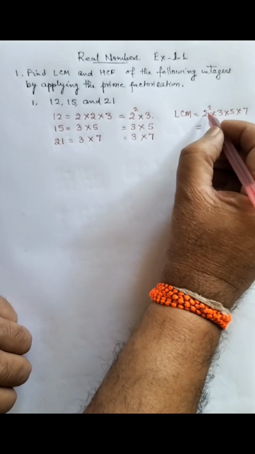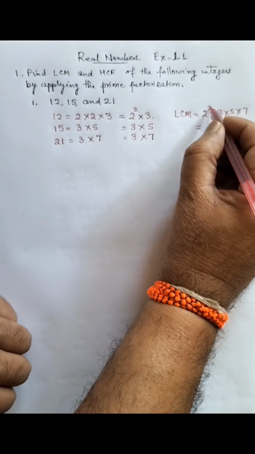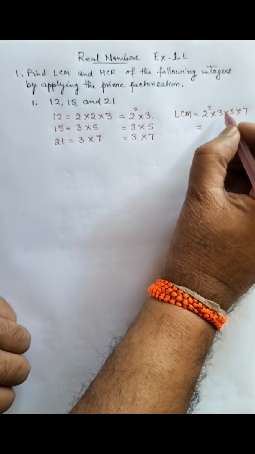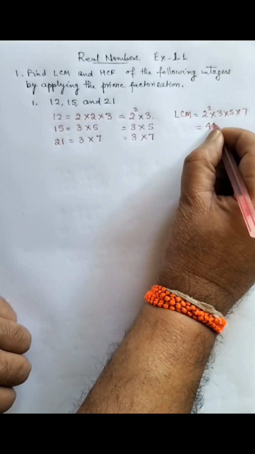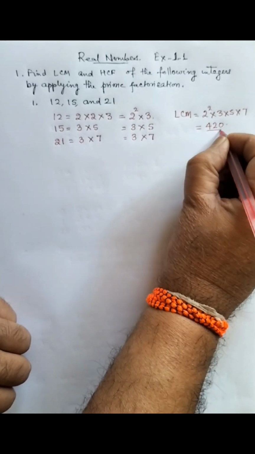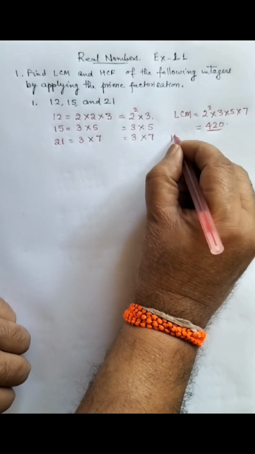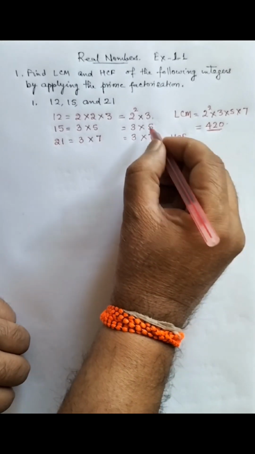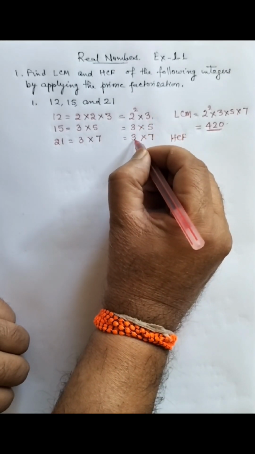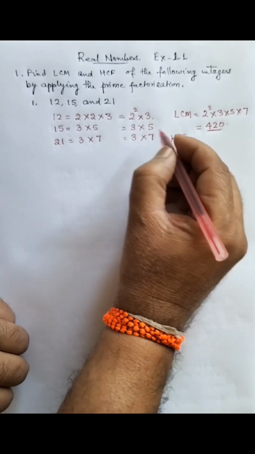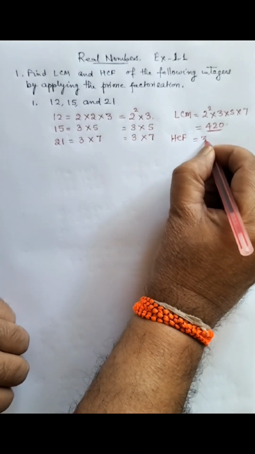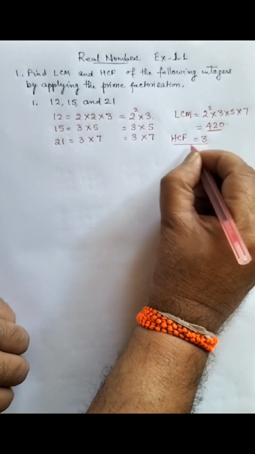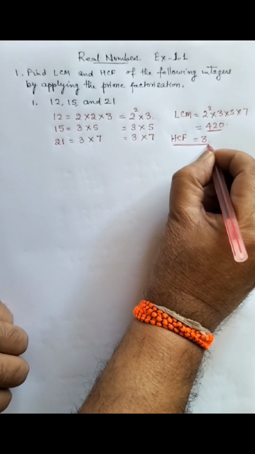So how much is it? 4 times 5 is 20, 20 times 21, 420 you will get. And HCF, highest common factor. Common factor is 3 and the highest power of it is 3. So 3 is its HCF. So this is our answer.